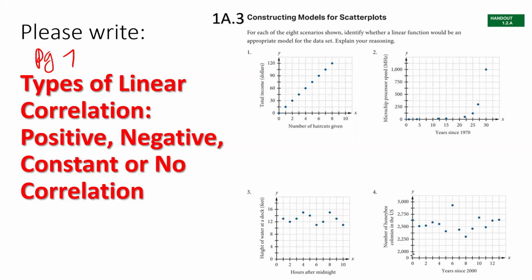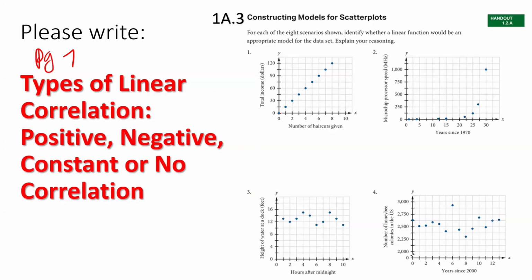What you're going to do at your table is we're going to give you a couple minutes to look at the 8 scatter plots, and then we're going to quickly go over whether they are linear, non-linear, and go from there. So I'll model number 1 with you guys, and then I'm going to give y'all a couple minutes to do 2 through 8. Cool? So on number 1, I'm looking at this pattern right here, right?